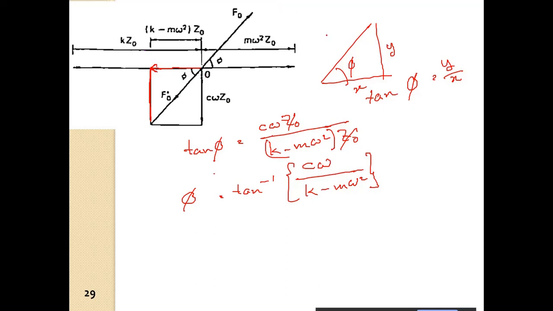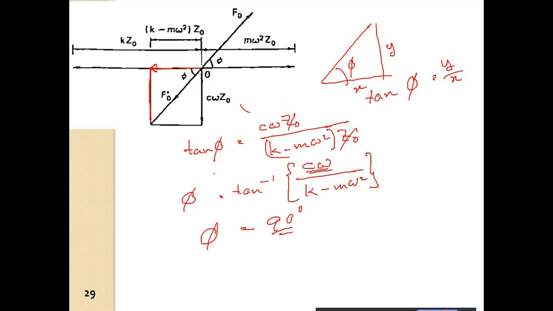So if there is no damping, you can say that phi is equal to 90 degree. Because this will be 0 if there is no damping, so tan inverse of 0 we have 90 degree, pi by 2.